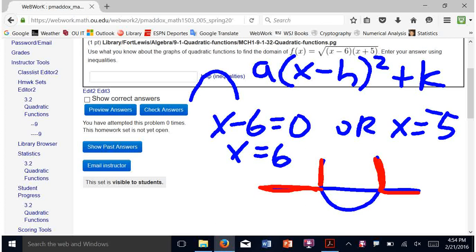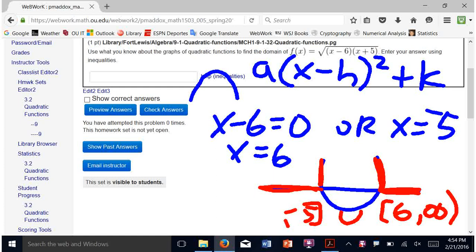So you see these x values, from 6 to infinity, union negative infinity to negative 5.